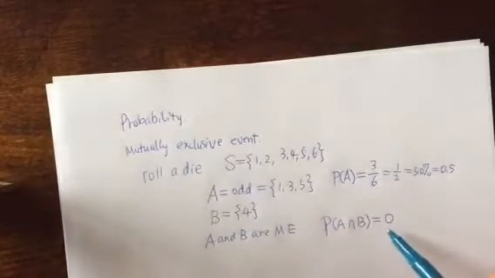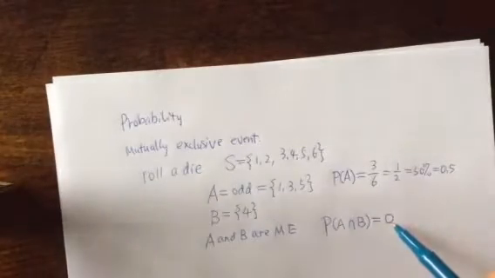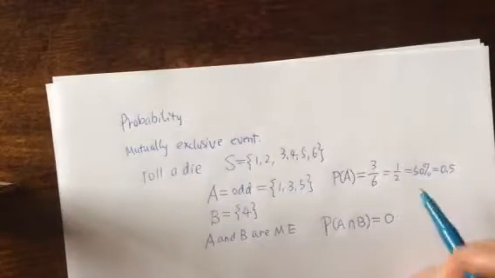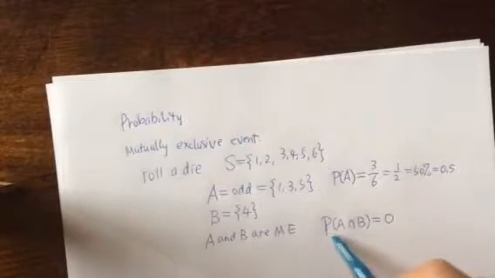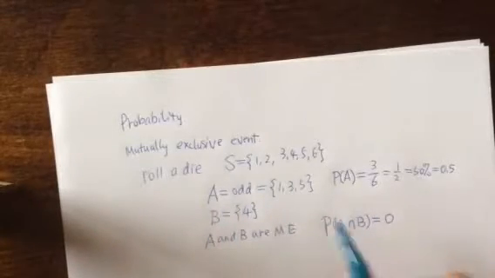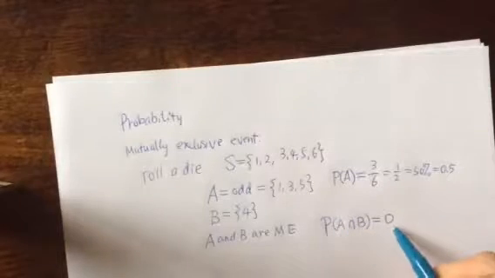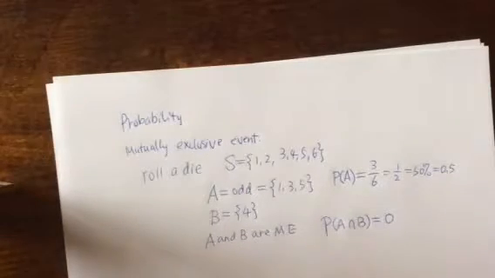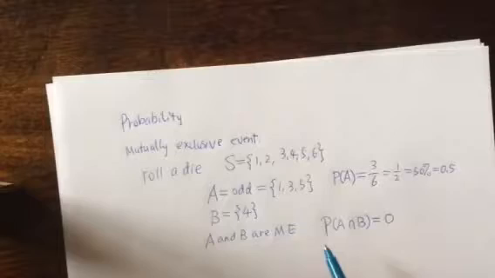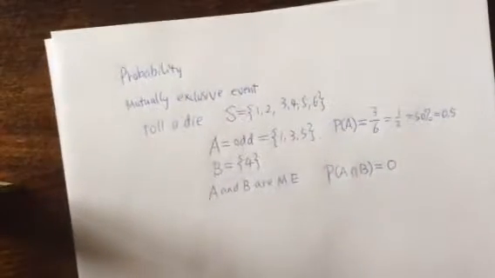Because it's impossible, we see that probability is 0. And we use this to determine mutually exclusive. Whenever two events are mutually exclusive, their AND event has a 0 probability. Is that okay? So that's for mutually exclusive.